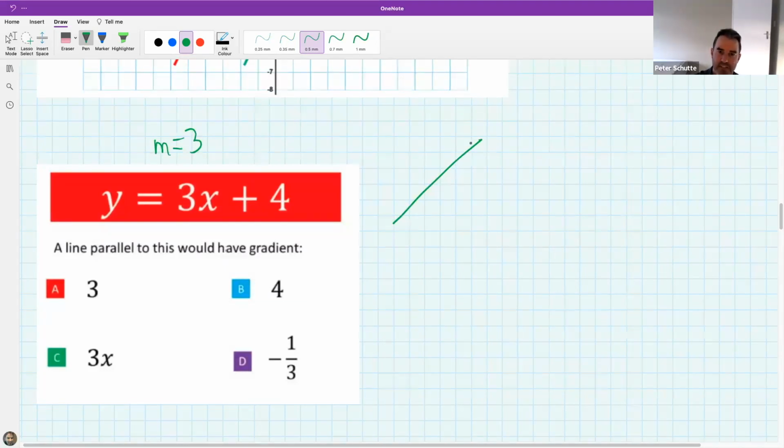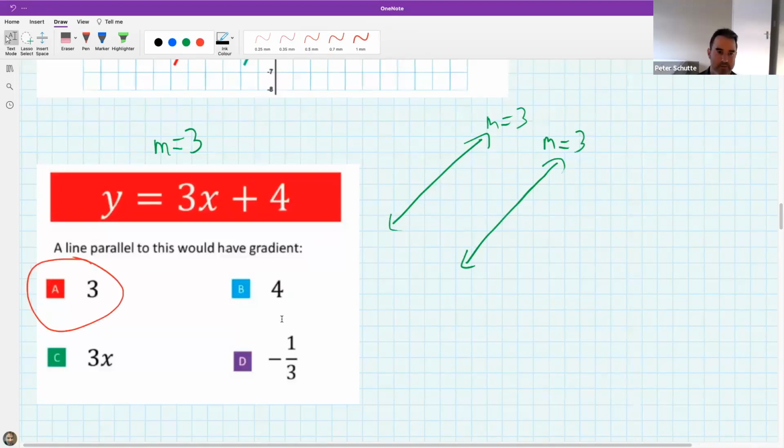And if that line has a gradient of 3, then a line parallel to that would also have a gradient of 3. So the answer would be A, piece of cake.